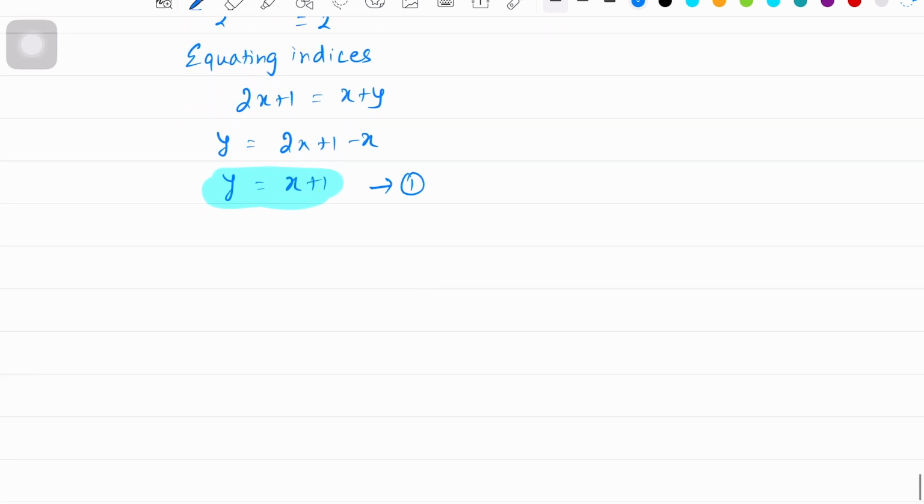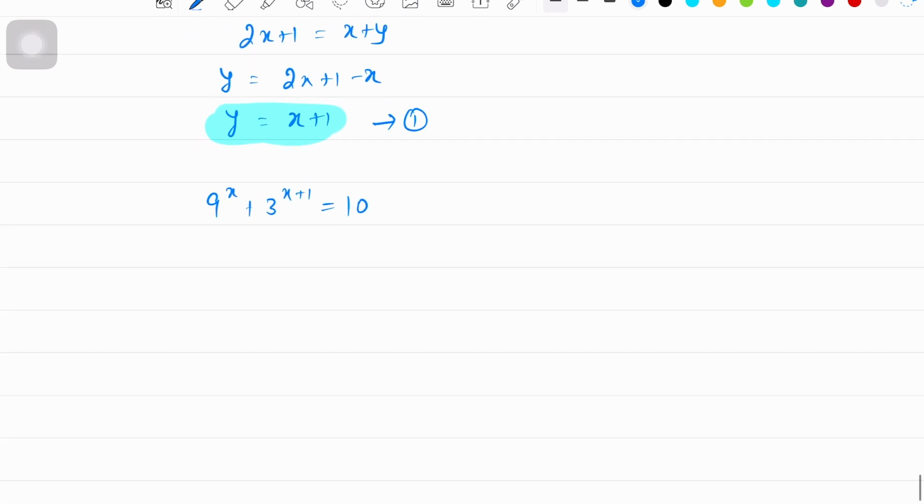Okay, now we'll move on to the second equation. 9 raised to x plus 3 raised to x plus 1 equals 10, and we can simplify this as 3 raised to 2x plus 3 raised to x plus 1 equals 10.